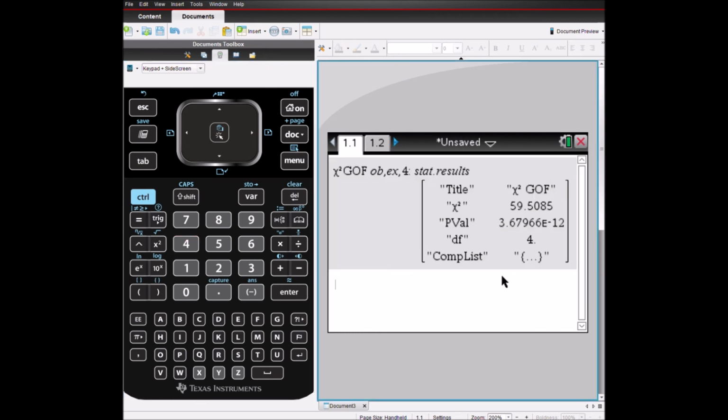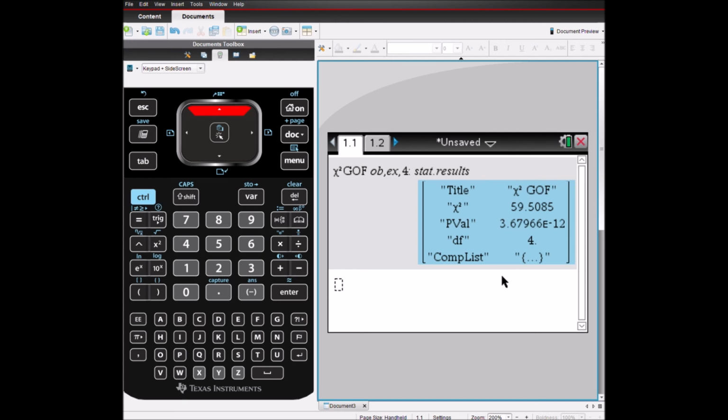And there's our small little table there. Not that much stuff compared to what we're used to seeing for a 2 proportion z-test or a 2 mean t-test. Here it just gives you a chi-square value, 59.5085. Your p-value is already there, 3.67966E negative 12, which means times 10 to the negative 12, so the p-value is extremely low, or statistically significant.